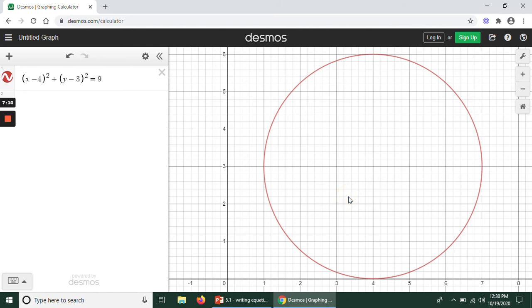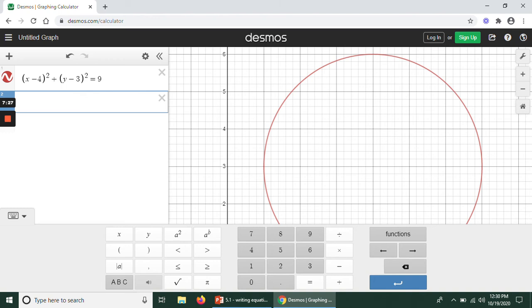Notice now we have the equation of another circle. I created this equation. Now I'm going to show you where the center of the circle is.